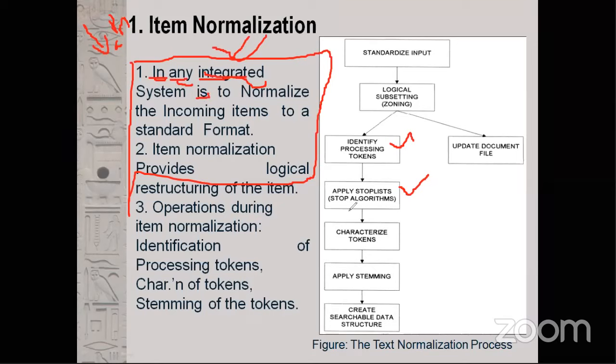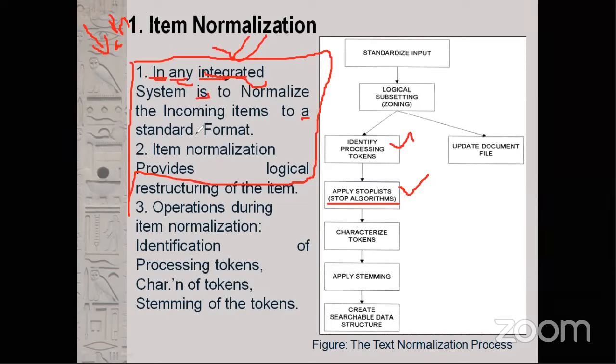By using the appropriate stop-list algorithms, I need to remove this kind of words from my given group: "is," "to," "next," "the," "a," like that. These are of less importance in my searching process, so I don't take that type of words as searching index terms.